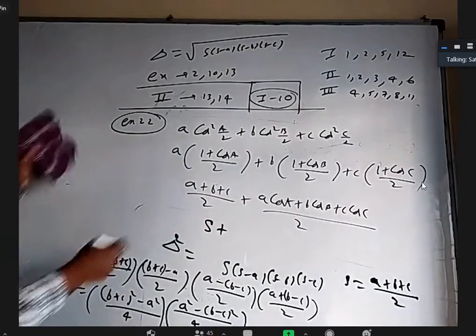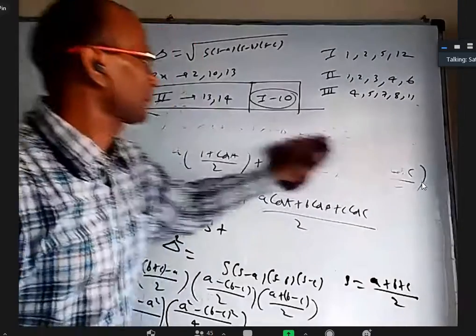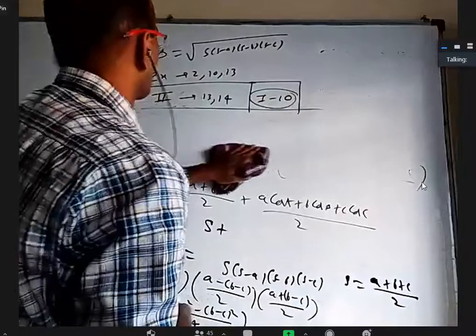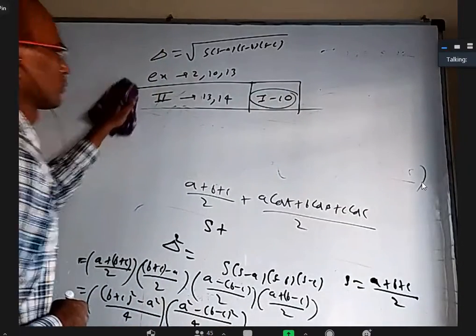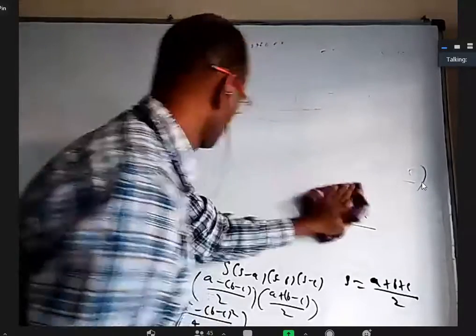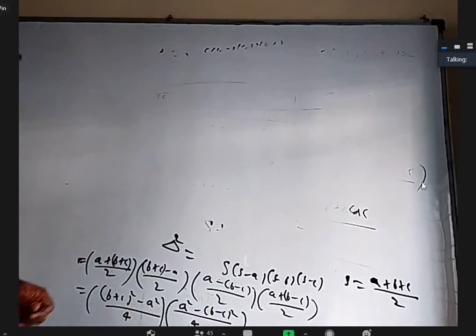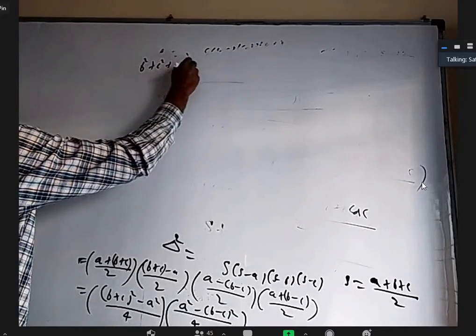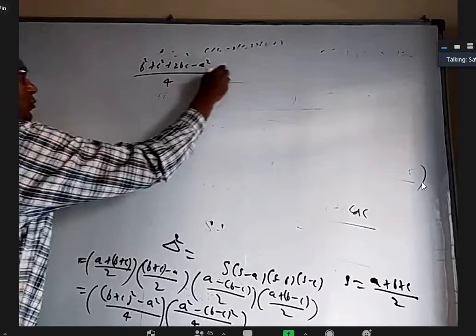I'll come back to this. Just I'm arranging for the time being. Okay, when you expand, you will get B square plus C square plus 2BC minus A square by 4.